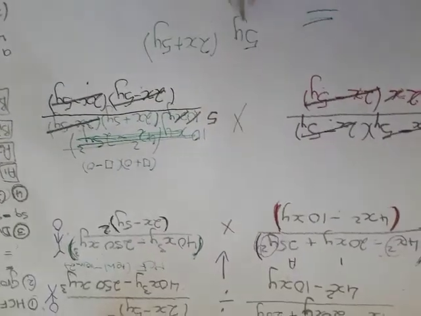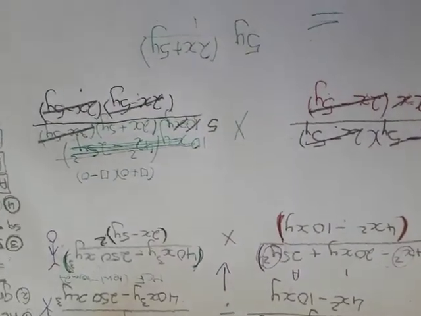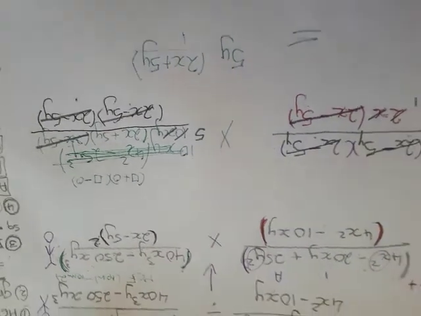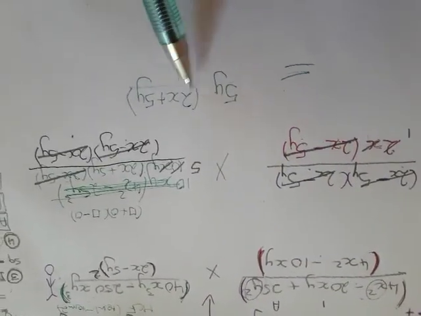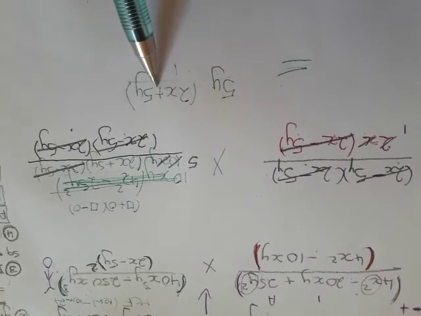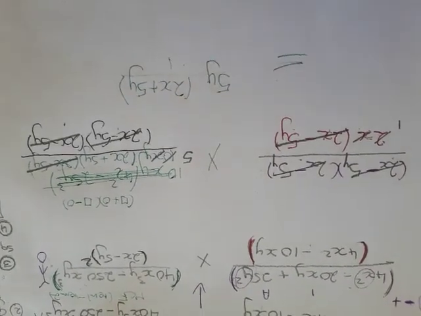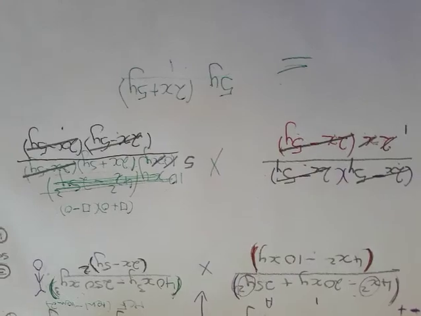And then this remainder is also cancelled completely, which is a 1, so that is over 1, which we would simply not write. So my answer is 5y, bracket open, 2x plus 5y, bracket closed. I hope it helps. Bye.